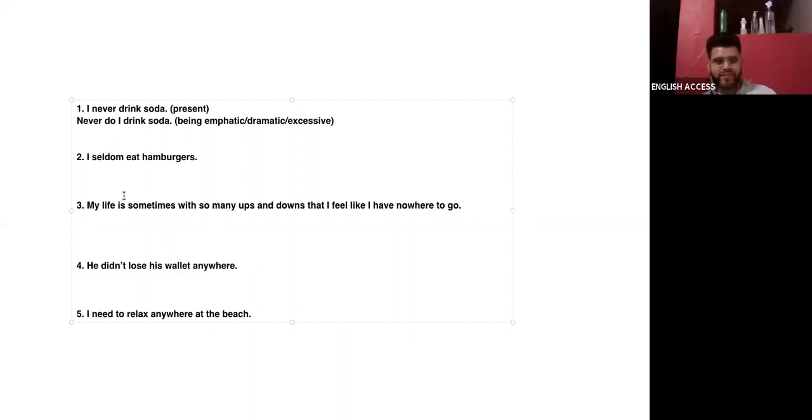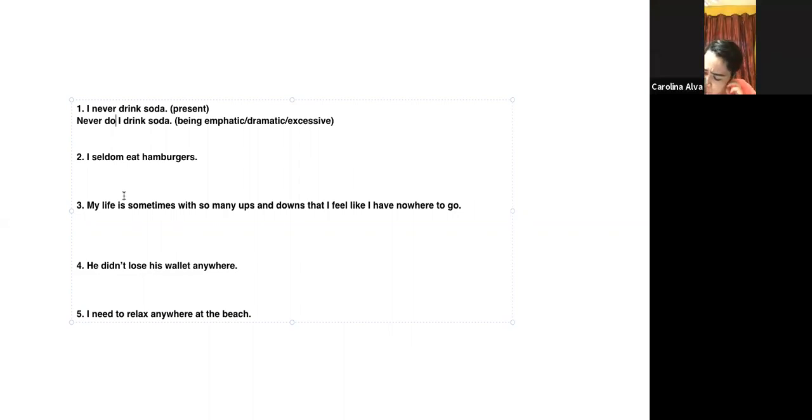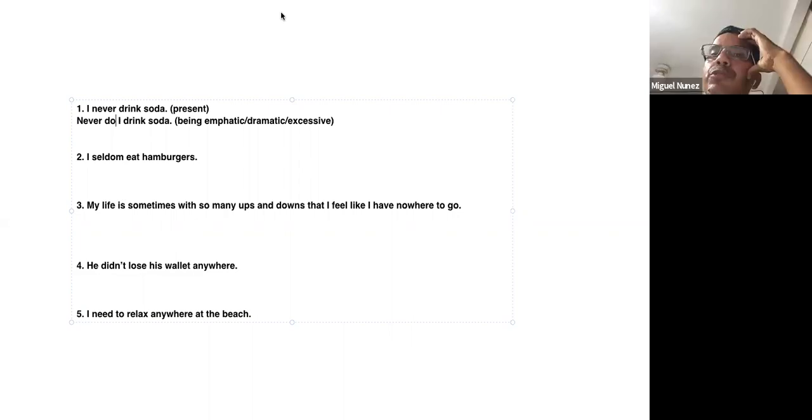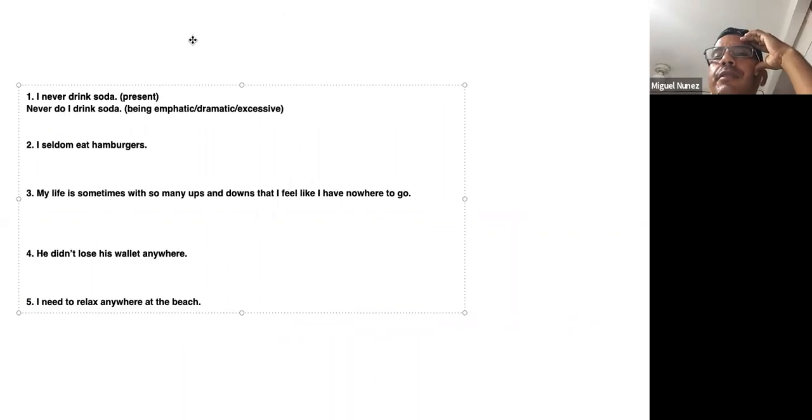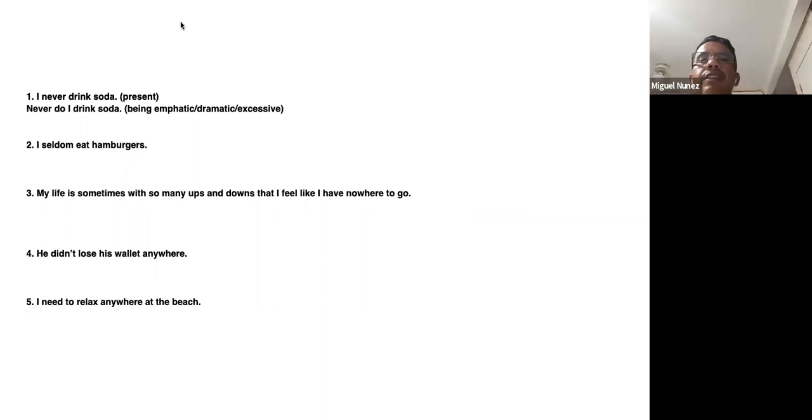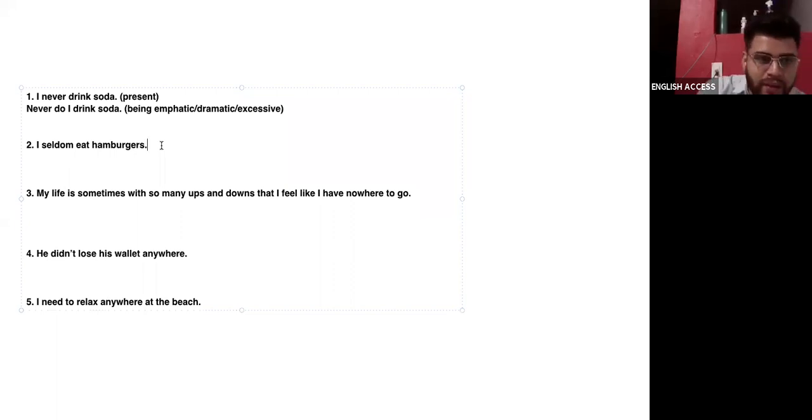Because it's first person. Exactly. So it's present and it is first person. That is why we use "do." You can use "will" if you are talking about the future, right? Like "never will I drink soda." Exactly. You can say that too. Cool. So you got the point. Now, I seldom eat hamburgers. This is also present.